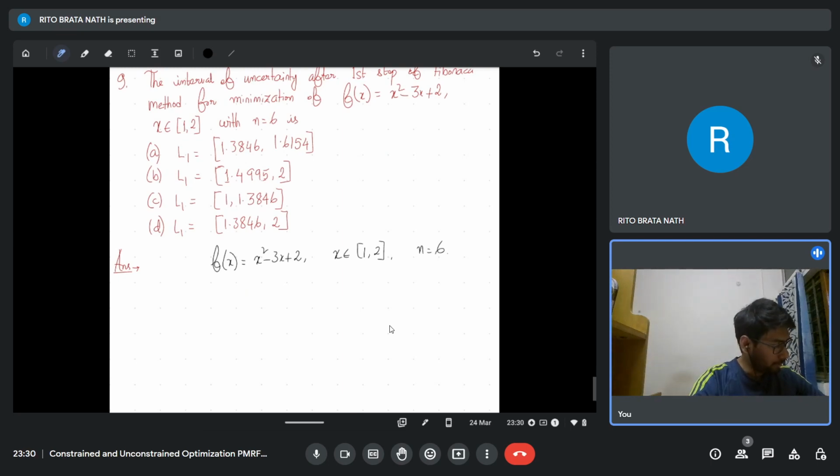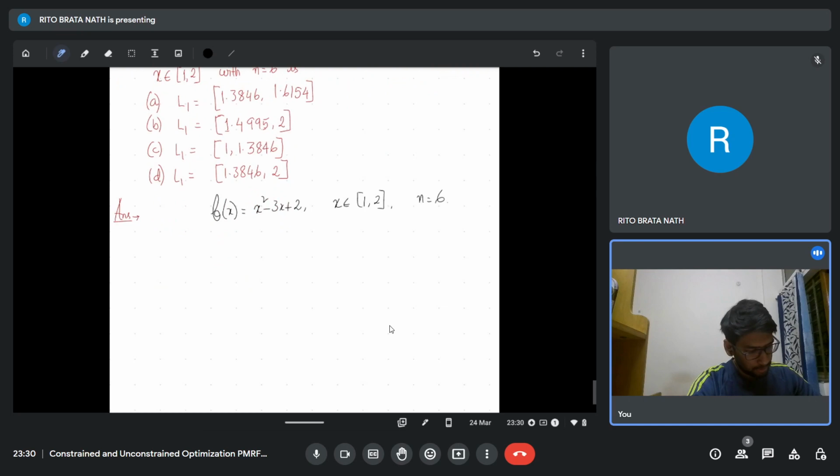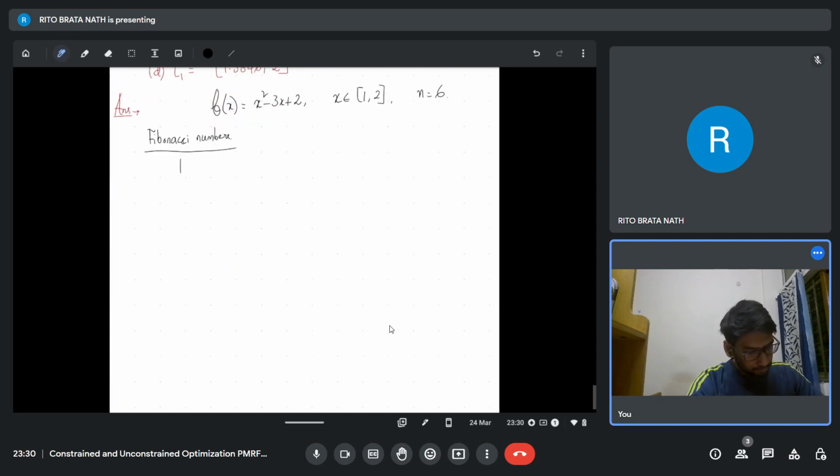First I'll write down the Fibonacci numbers. f0 is 1, f1 is 1, f2 is 2, f3 is 3, f4 is 5, f5 is 8, and f6 is 13.